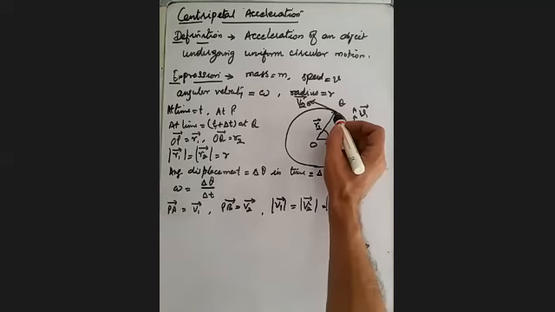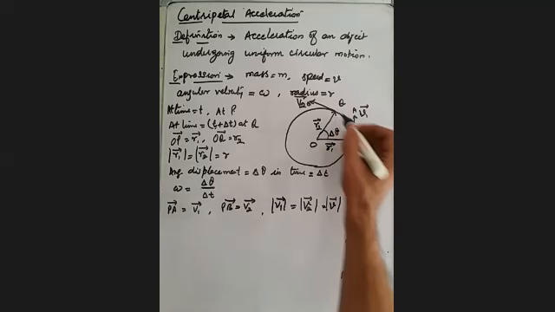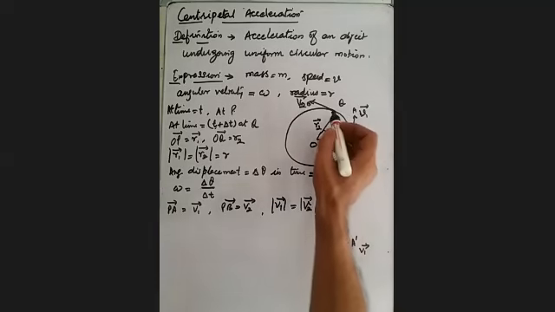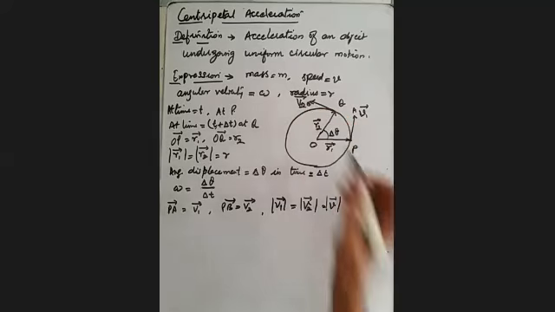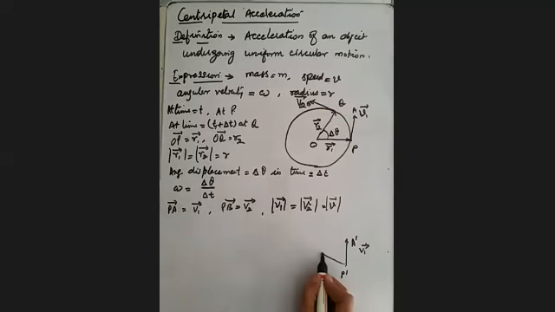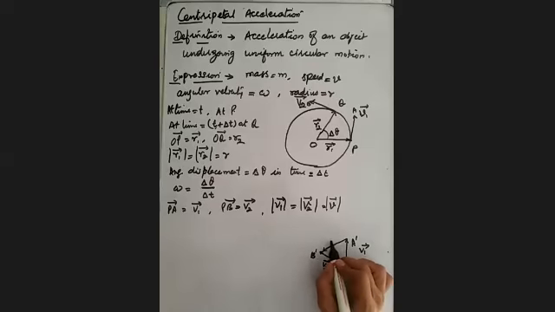In the same way, draw another vector from P dash equal and parallel to QB, representing the velocity V2, and call this P dash B dash. So this is velocity V1, this is velocity V2. To find the difference, let us join A dash and B dash.